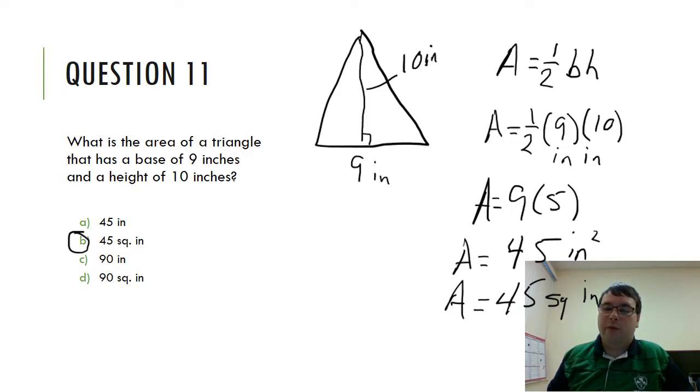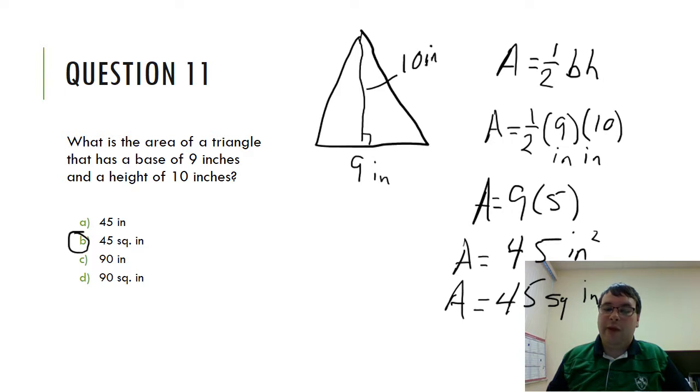But be careful here. We're dealing with area. This was 9 inches, and this was 10 inches. So we have inches times inches, or inches squared. It can also be written as 45 square inches. Both are perfectly acceptable.